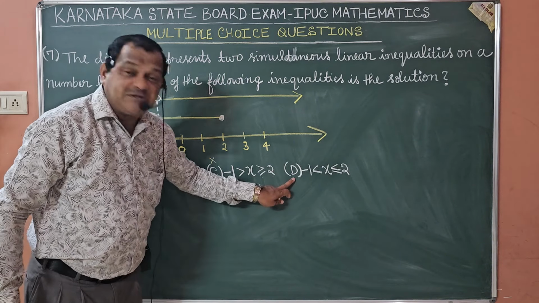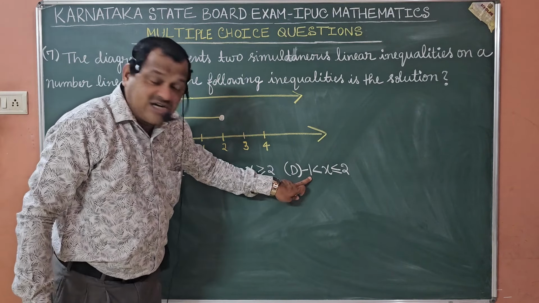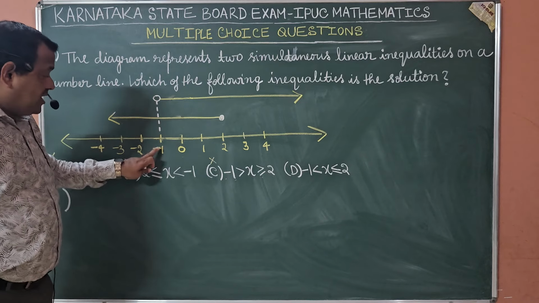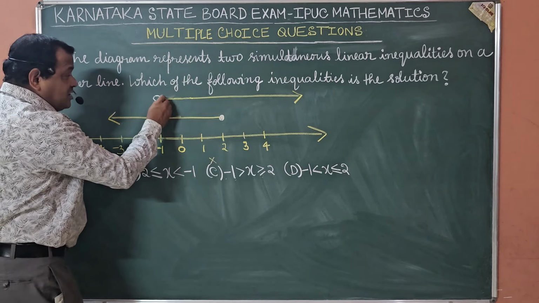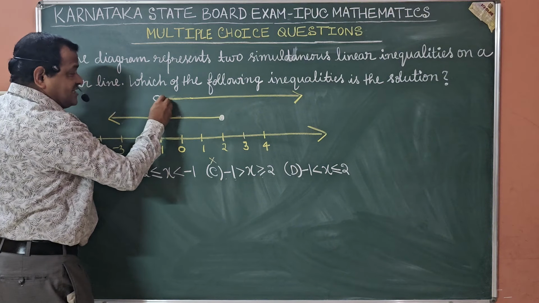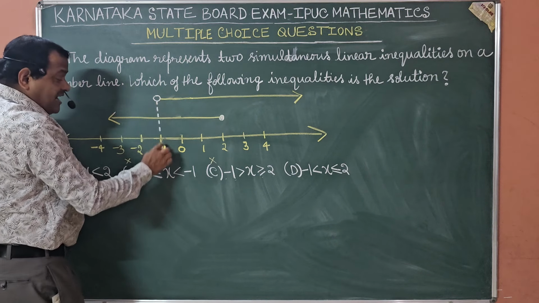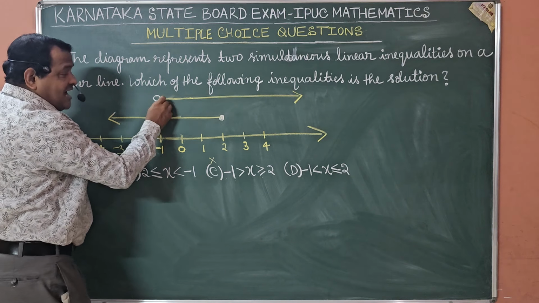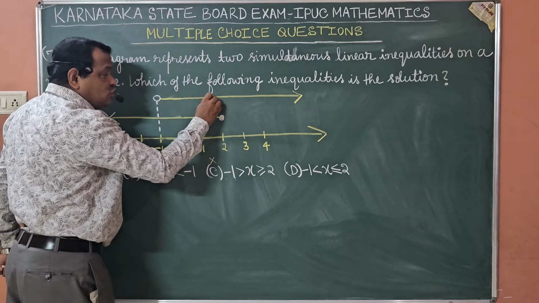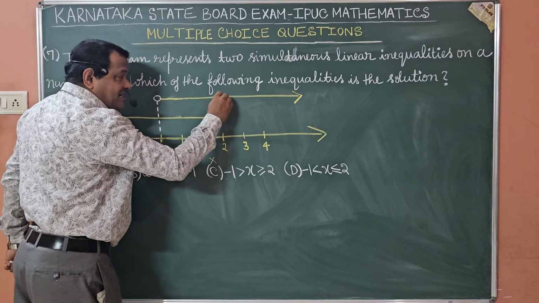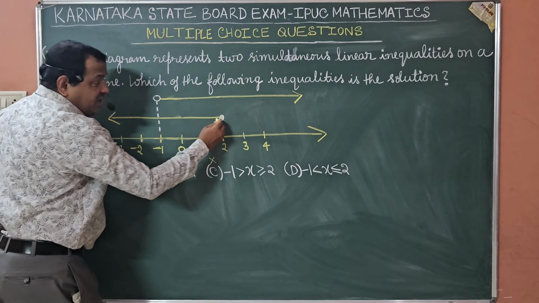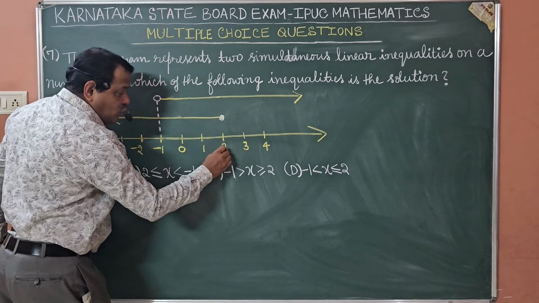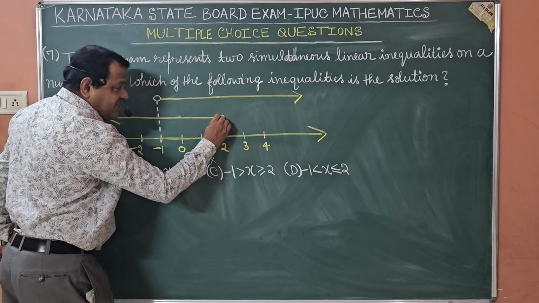But only the fourth option is correct, where minus 1 is not included. Yes, minus 1 not included, minus 1 less than x. And now it goes to the front. But after that all real numbers are included, and it looks like it is moving to the front. But if you see the second inequality, above the number 2 they have shaded it thick.